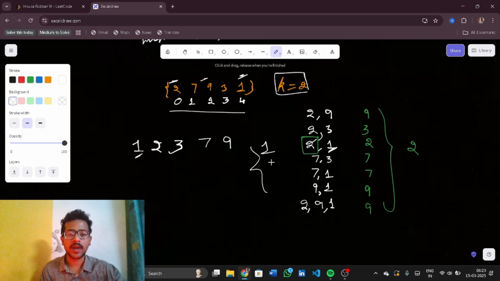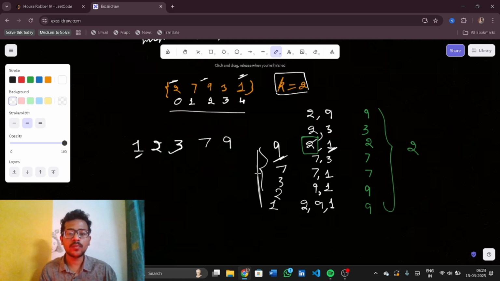So 1 is the maximum and below should be lesser, but there is nothing like that. So let me take 9. All the houses that can be robbed by taking 9 as the maximum value are 7, 3, 2, and also 1.